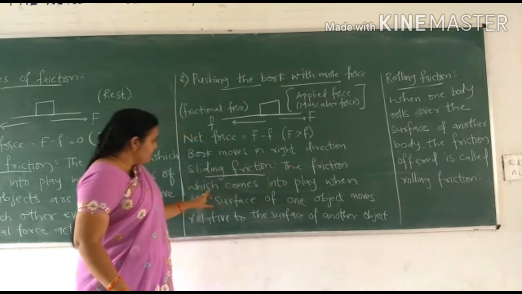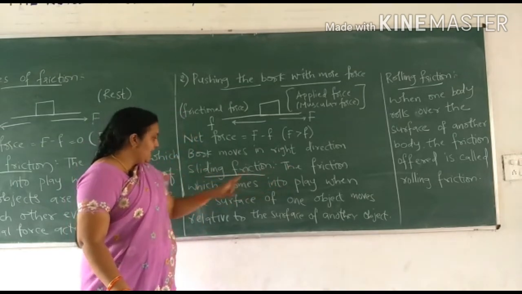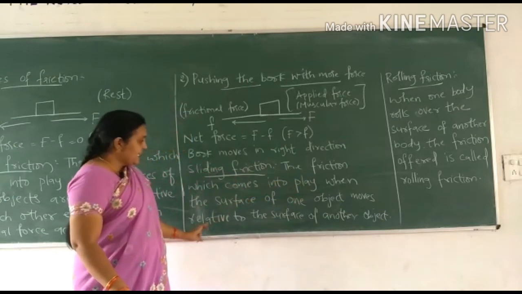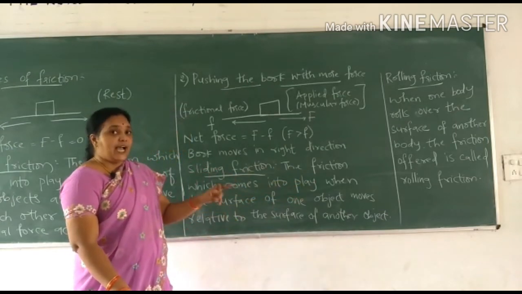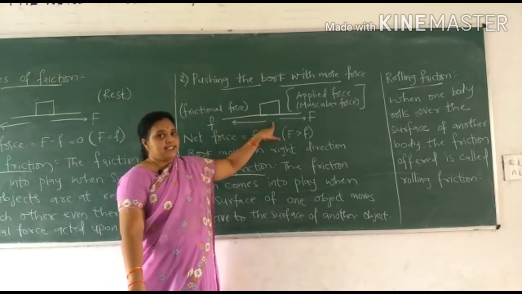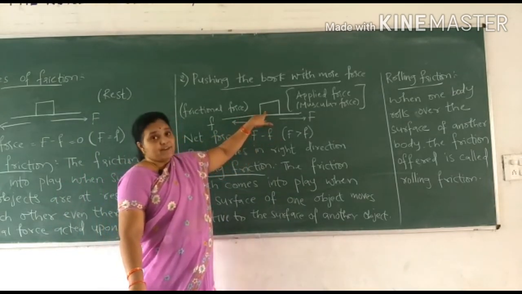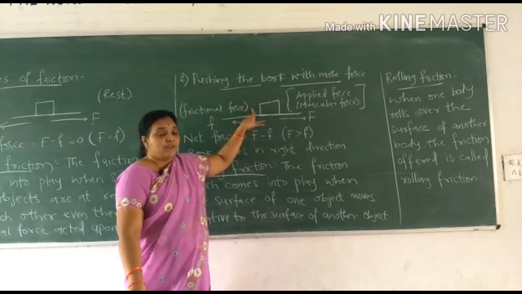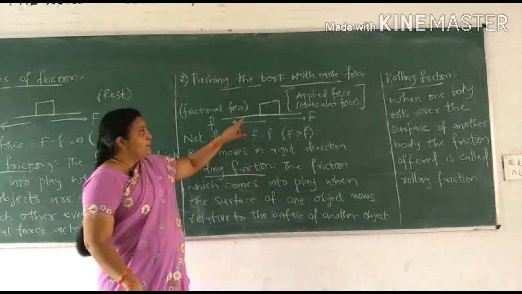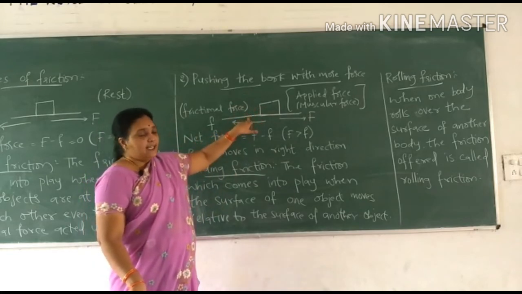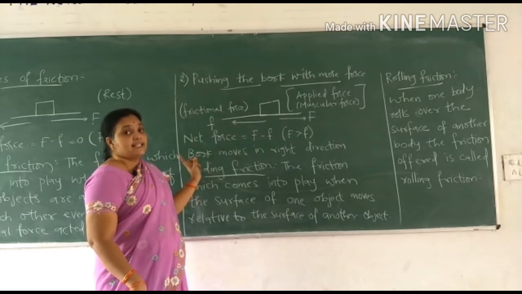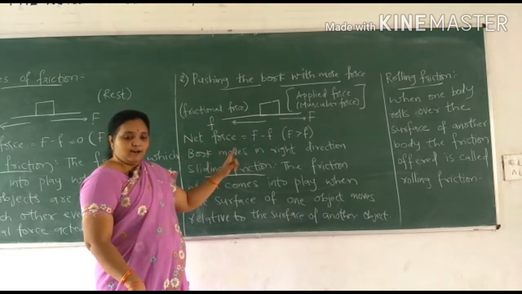It is the friction which comes into play when the surface of one object moves relative to the surface of another object. Here the surface of the table is at rest and the surface of the book is moving. So the friction between the moving book and the surface of the table is called sliding frictional force.